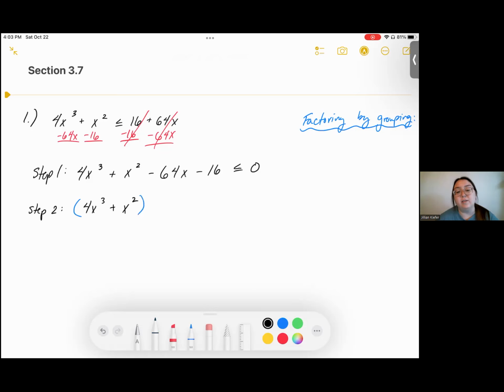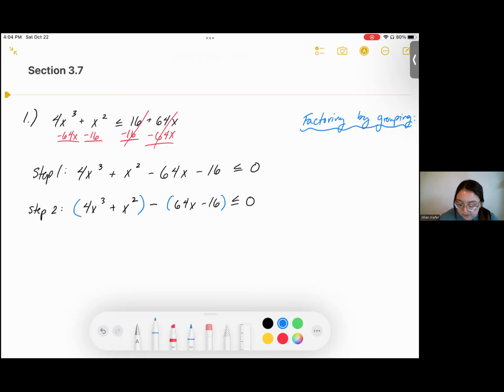And then we see here that we have a minus sign in front of the 64x and the 16. So we're going to put the minus sign right in front of our group. Essentially, if we were to get rid of the parentheses, we would distribute that minus sign. So we factor the minus out. So we're going to have minus in between the groups. And that means that we would end up with 64x minus 16, less than or equal to 0.